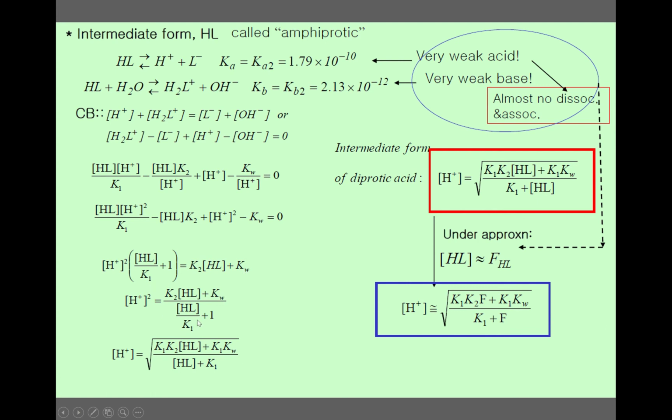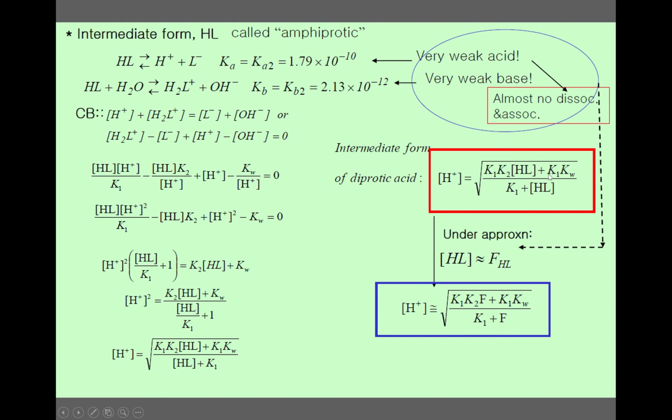Then finally we reach this equation: the proton concentration is represented by the square root of a rather complex form inside. We didn't make any assumption, so this equation is very precise.